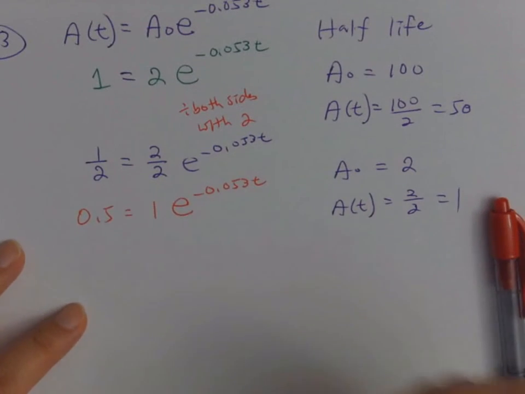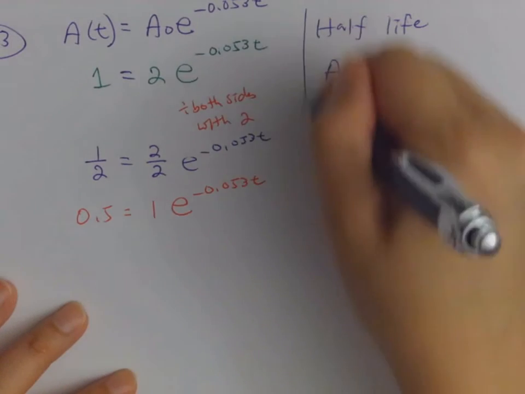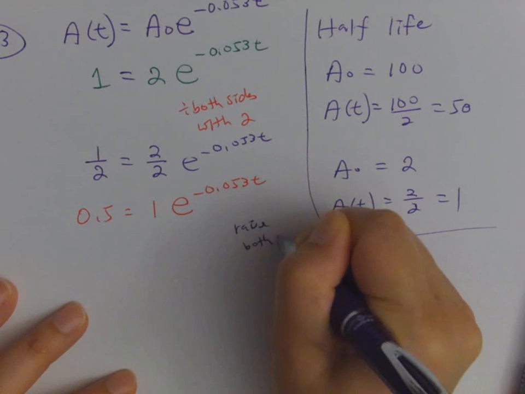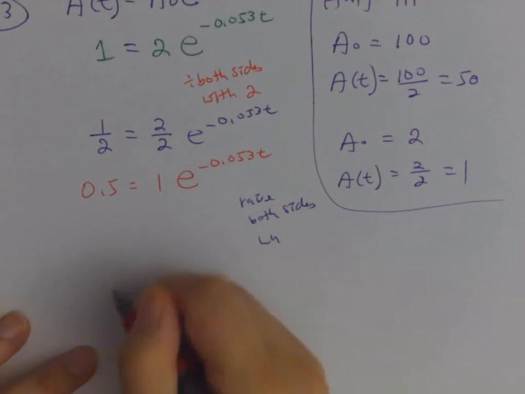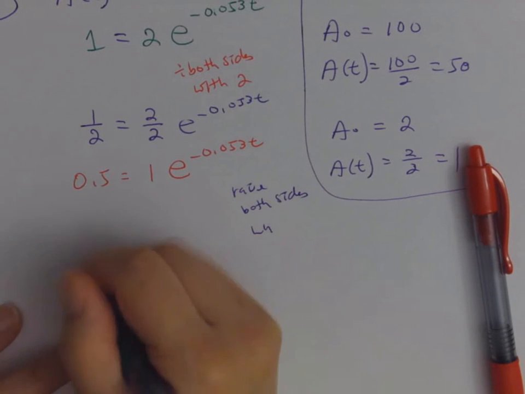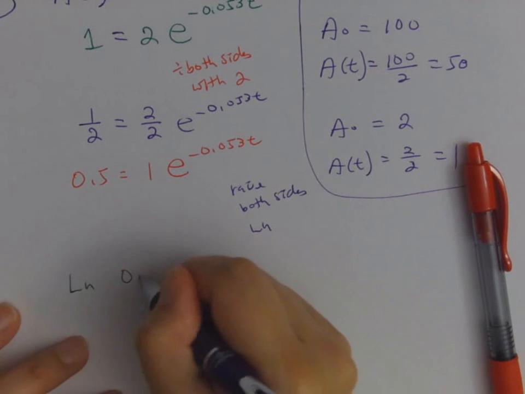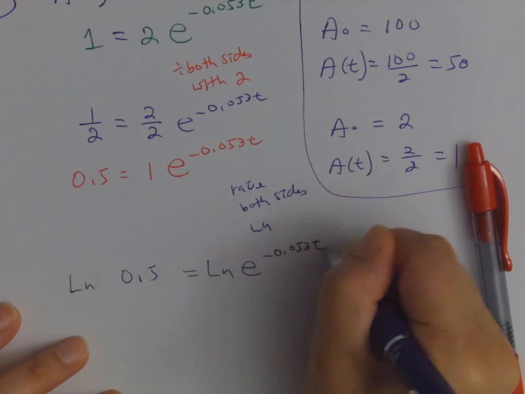So again, I need to bring down my unknown exponents. So I need to raise both sides with ln, because this comes with e, right? So ln on the left, ln on the right. And this has 0.5, this is e^(-0.053t).